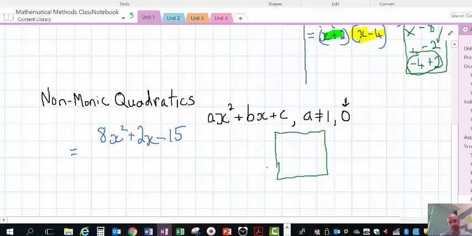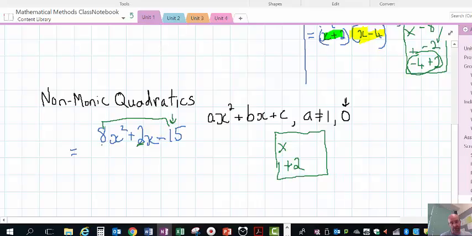So we're still after two numbers that add together to give us the coefficient of the middle term, which is b. Two numbers that add together to be 2, it's positive 2 in this case. You want two numbers that multiply together to be not just the minus 15 there, but the product of these two terms, a and c.